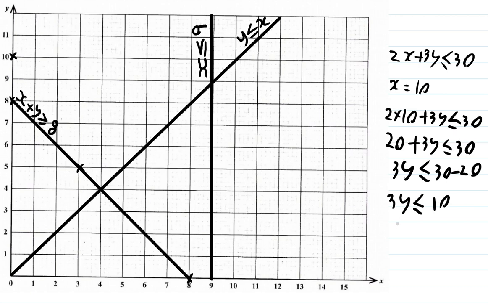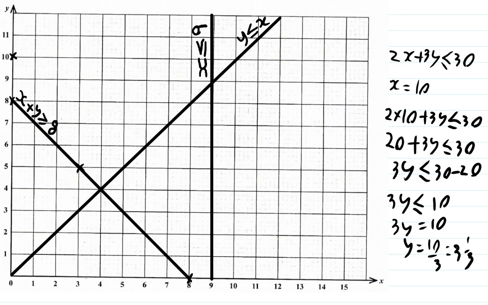Let's pretend as if it's an equation. So 3y is equal to 10. Oh, 10 would not be such a neat point to use, but let's work with it anyway. 10 divided by 3 would be 3 and 1/3.